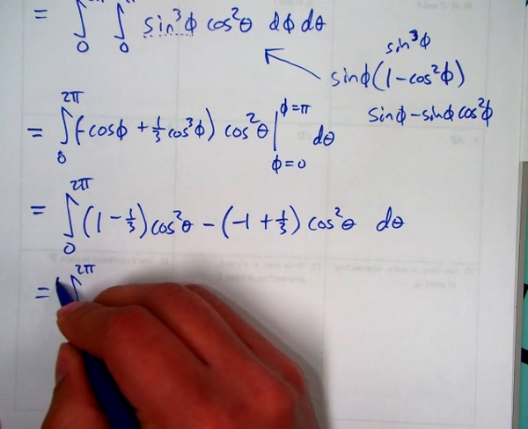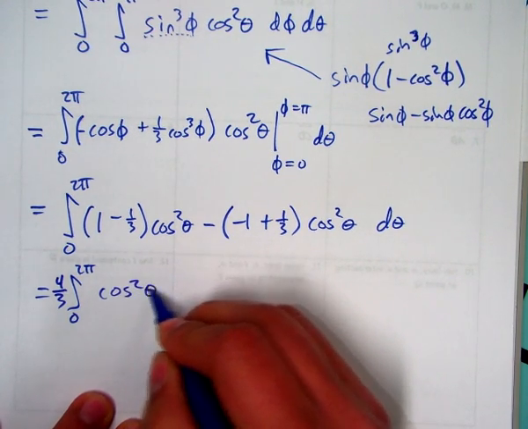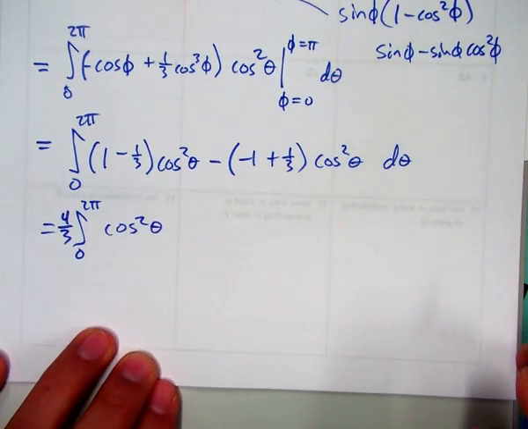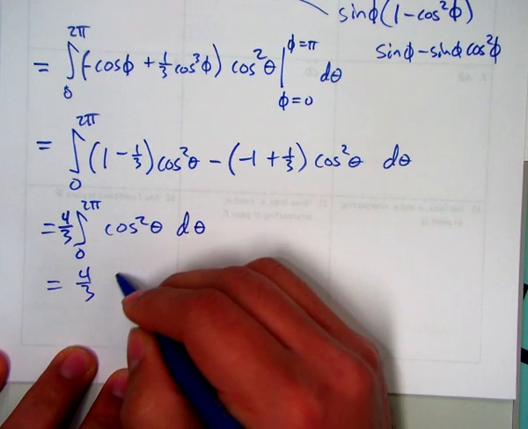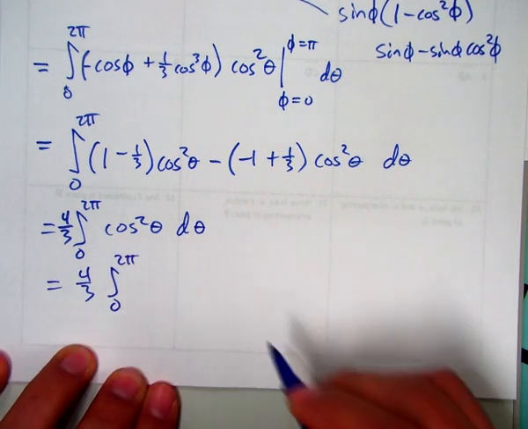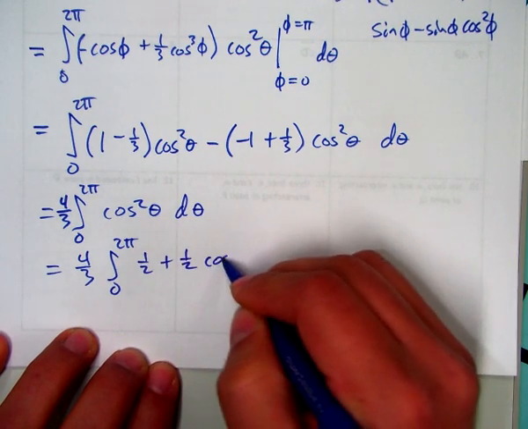Let me pull that out. So 4/3, and then cosine squared theta. And this is the formula, or similar to what you were thinking of, Eddie, I think. Cosine squared, we're going to rewrite as 1/2 plus 1/2 cosine 2 theta.